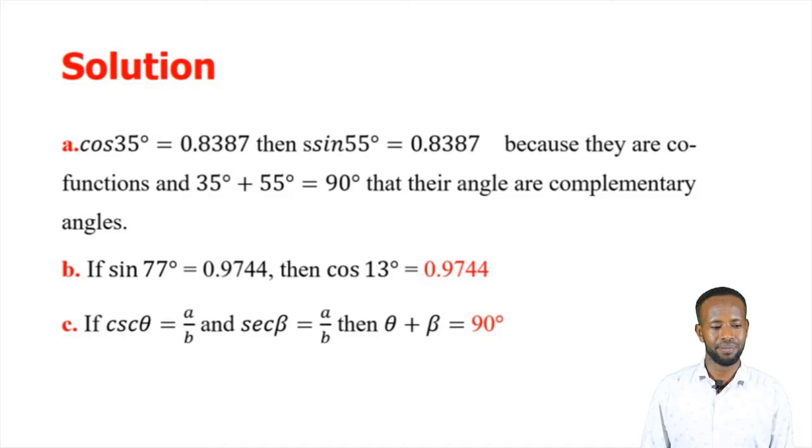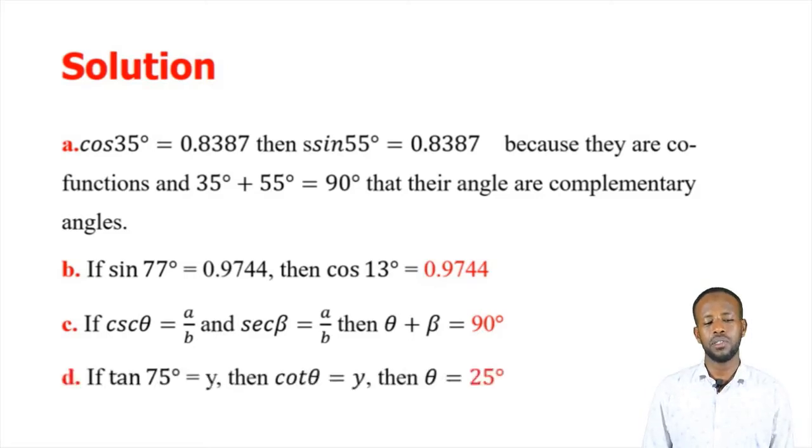Very good. D. If tan of 75 degrees is equal to y and cot of theta is equal to y, then theta is equal to what? It must be 15 degree. 75 degree plus 15 degree will give us 90 degree. So theta is equal to 15 degree.